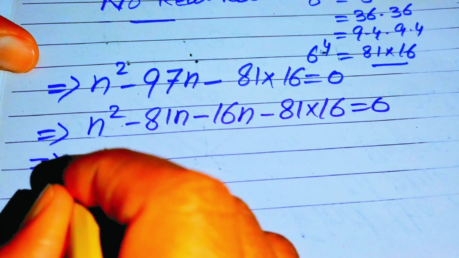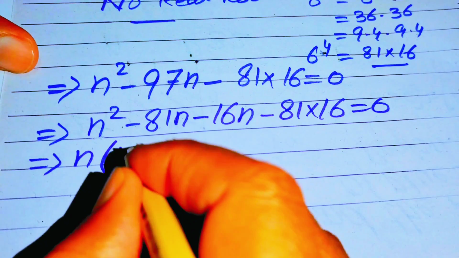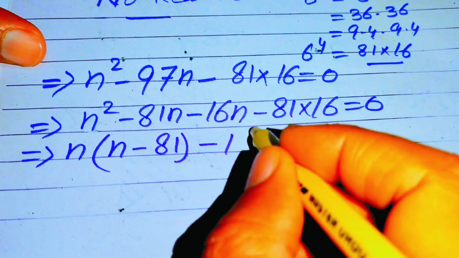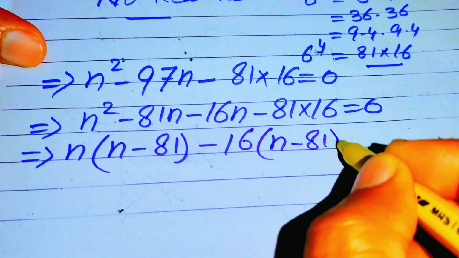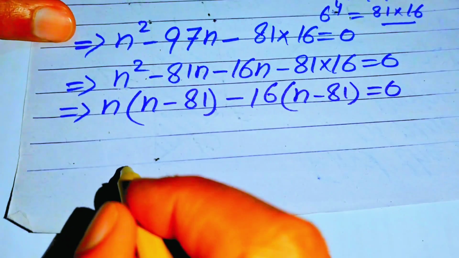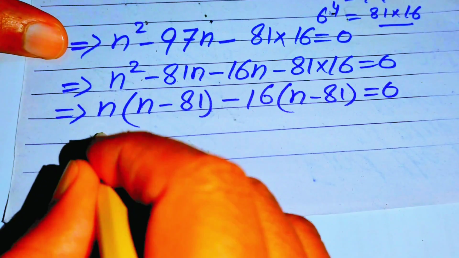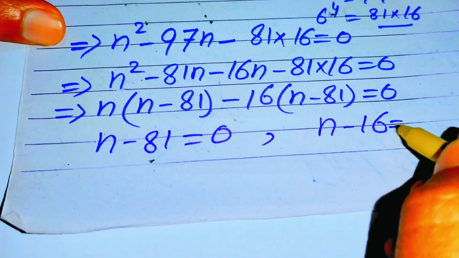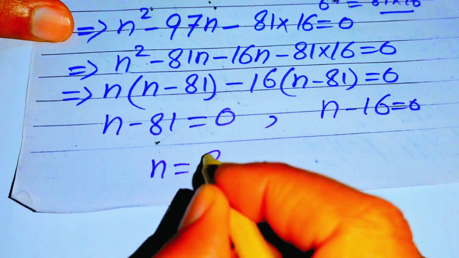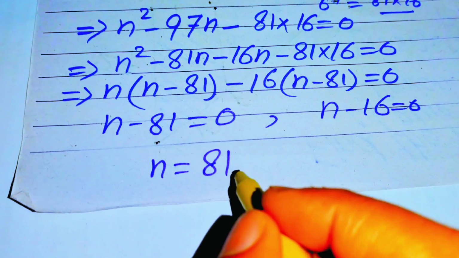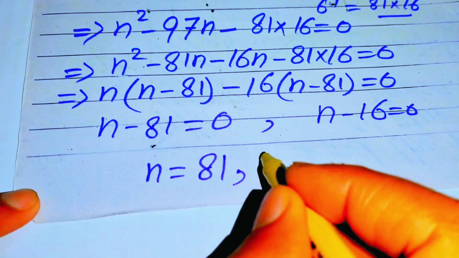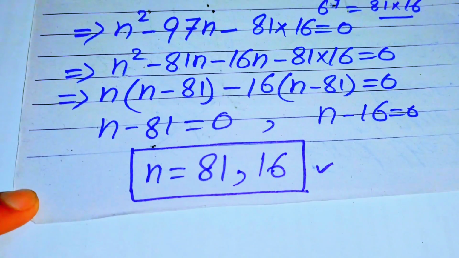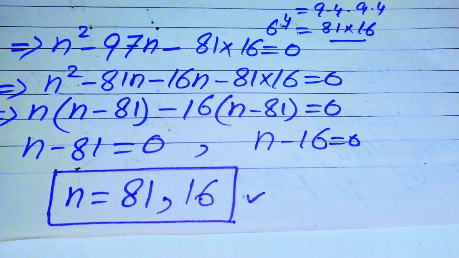We easily get the factors: here we take common n and we get n minus 81, and here we take common minus 16 and we get n minus 81 equals 0. So we get n minus 81 equals 0 and n minus 16 equals 0. So we have the two real roots of the given equation. The first is n equals 81 and the second root is n equals 16. These are the two real solutions of the given question, and this is the final answer.